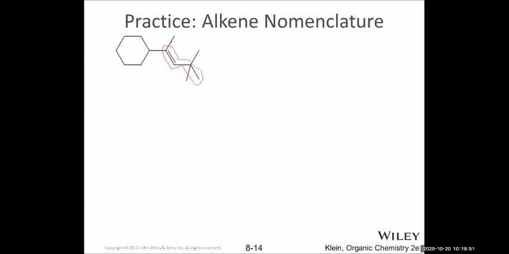Actually, sorry, this would be the longest chain. Actually, the longest chain with carbon and give the double bond a low number. It could be either this is number 1 or this is number 1.